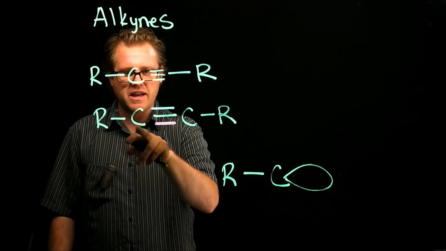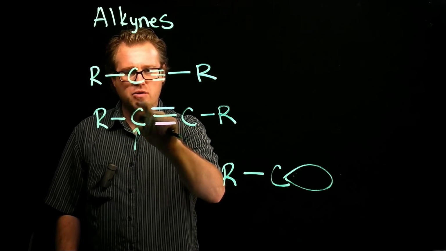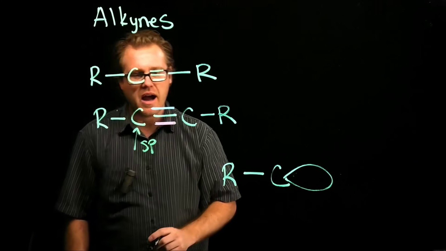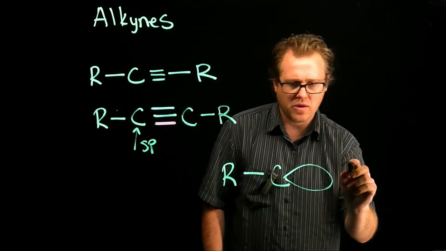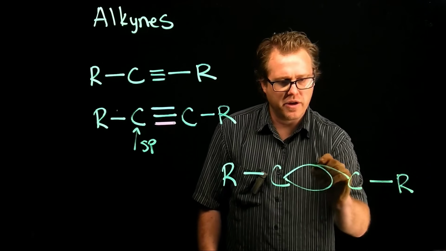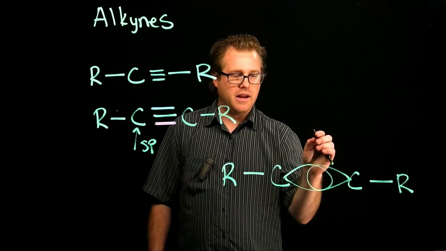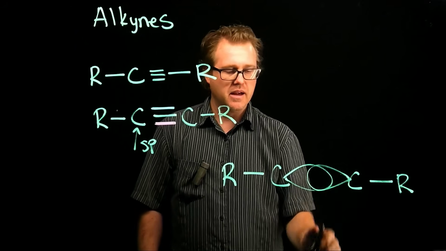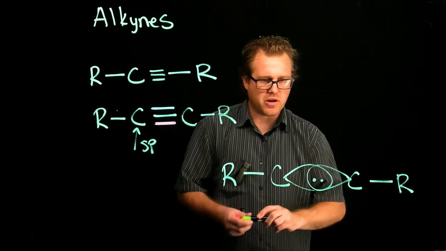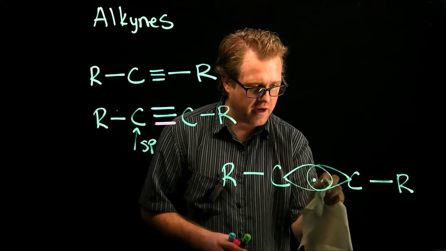Remember the hybridization state of this carbon. It has two electron groups, so that's sp hybridized. We're going to have the other carbon over here, and it's going to have the p orbitals, the sp sigma bond right there, and then the two electrons. I'm not going to represent the electrons because it's just going to mess up the image here.